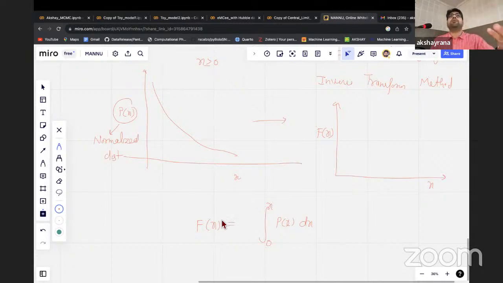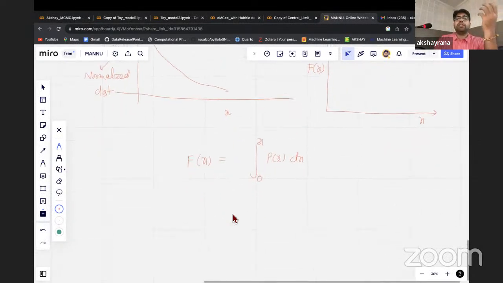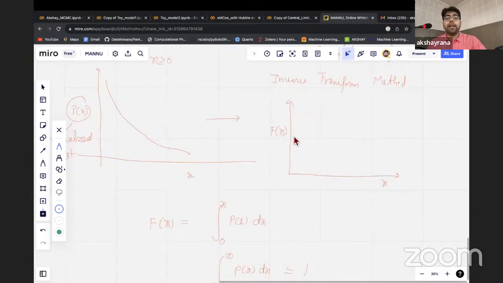What is the minimum value? The minimum value is 0, obviously. What is the maximum value? 1. Because if it's normalized and I integrate P(x) dx from 0 to infinity, the maximum value is 1. So this distribution F(x) will always lie between 0 and 1.